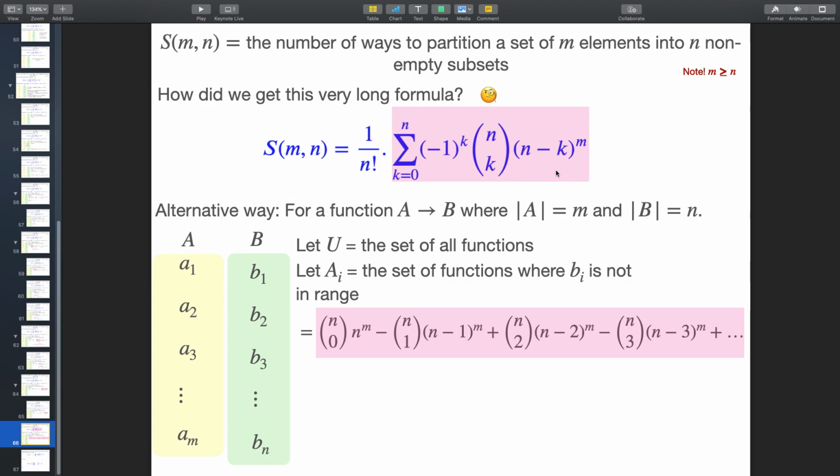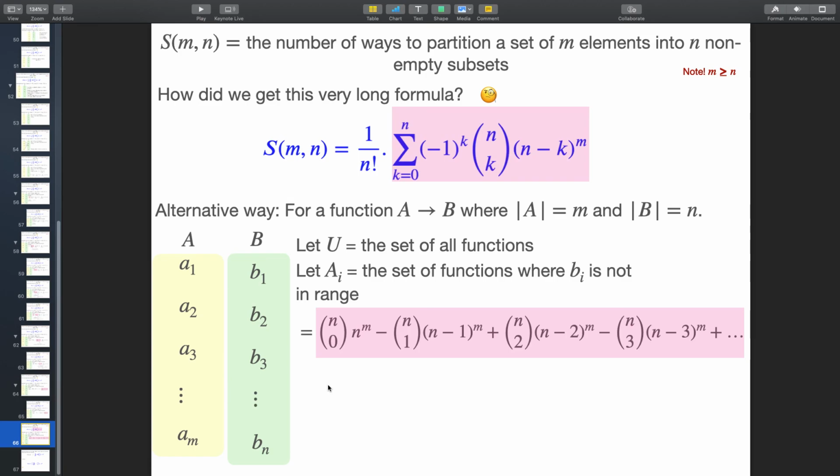So, note na to represent, to include n to the m in this formula, bali, you can imagine na pwede siyang beside n taken 0. N taken 0 is just 1. So that this represents yung case na k equals 0. Okay.